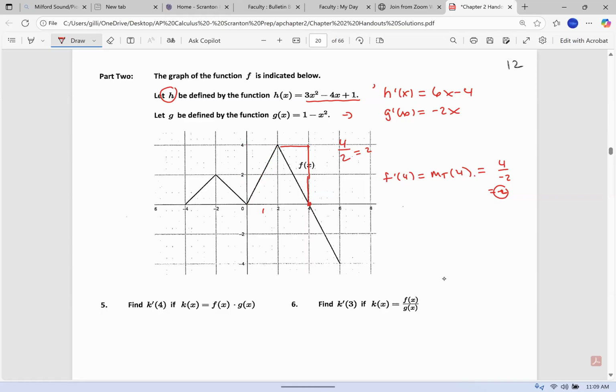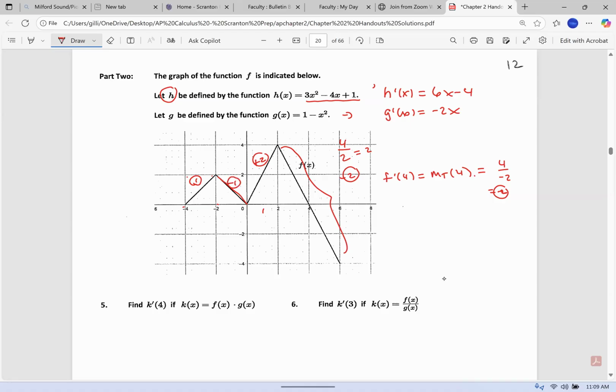So the slope along any point from here to here is minus 2, as we said. This would be positive 2 in that direction. And any point from here to here, its slope would be up 2 units, right 2, or positive 1. And any point along this segment would be minus 1.